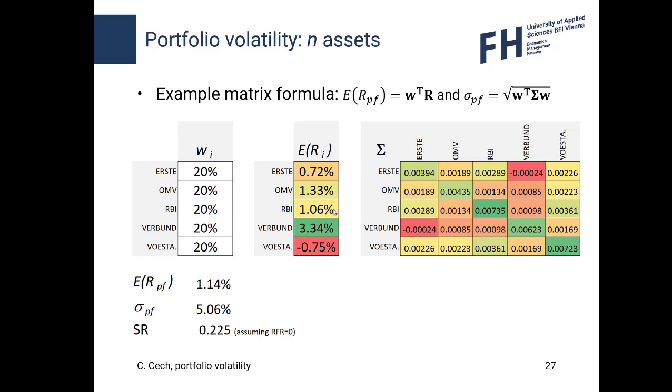Here we have a vector containing the expected returns, and this is the variance-covariance matrix. Recall that you can easily calculate the variance-covariance matrix on the basis of the constituents' volatilities and the correlation matrix.